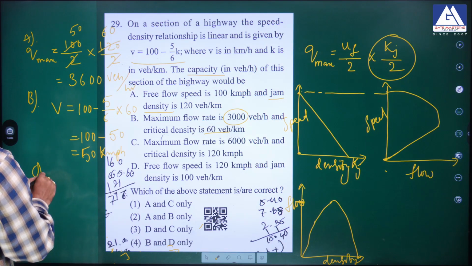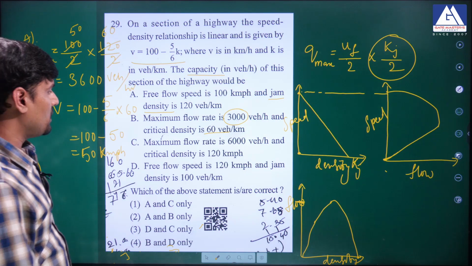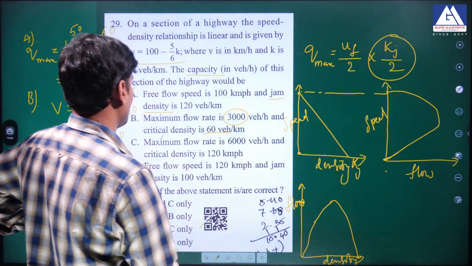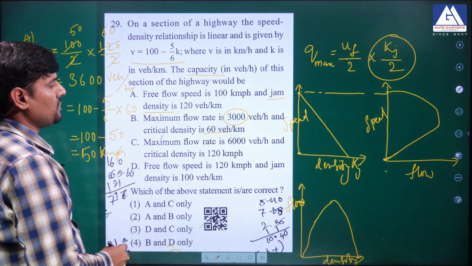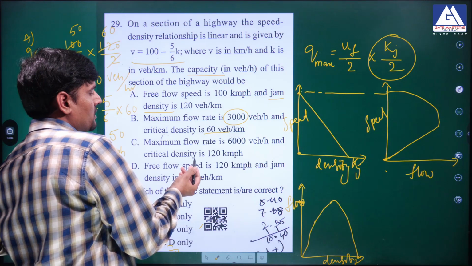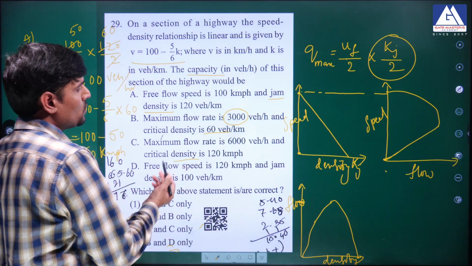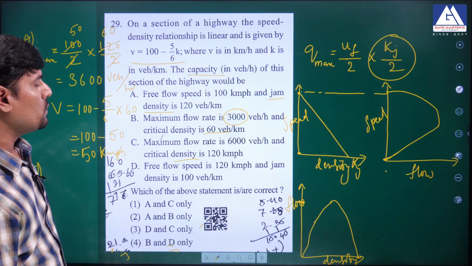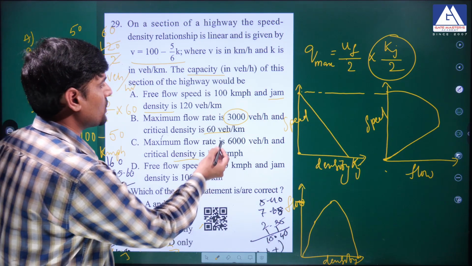Next, option C. If you read option C, the maximum flow rate is 6000 vehicles per hour and the critical density is 120 kmph. From the fundamentals, from the definition of density, we know that the density units are vehicles per kilometer. That means there is a contradiction.